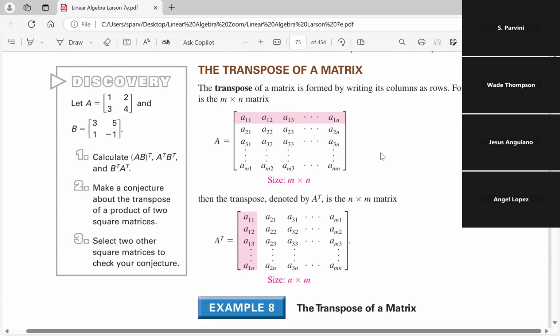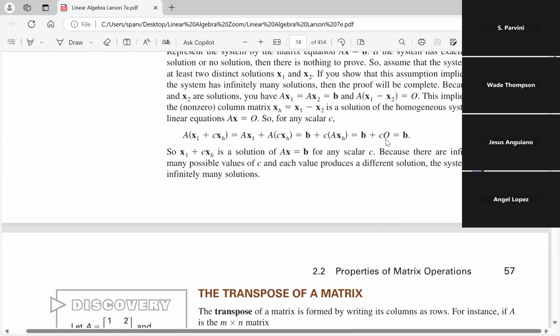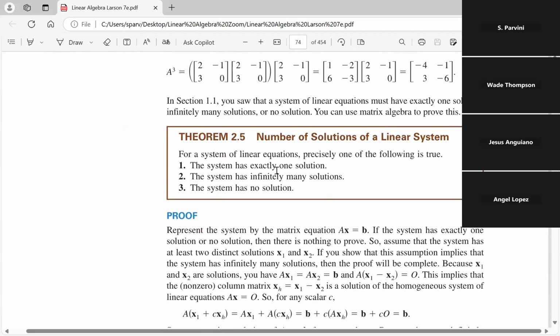Just backtracking a little bit. Anything more than one solution means many solutions? Exactly. A linear system has either exactly one or infinitely many. So it's not going to have two solutions, not three. It's either one or infinite.